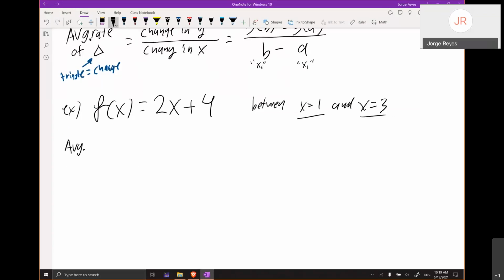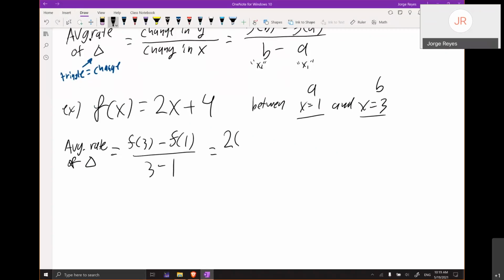So average rate of change equals f of b, I'm going to call this one b and this one a, so f of 3 minus f of 1 over 3 minus 1. Then I'm going to plug in. You could have done this instantly if you wanted to.